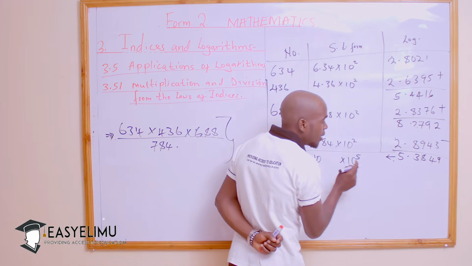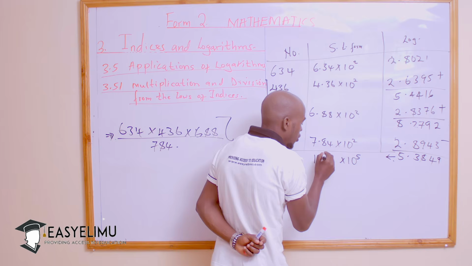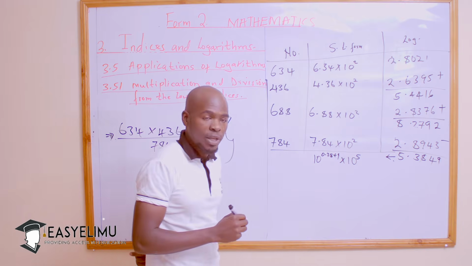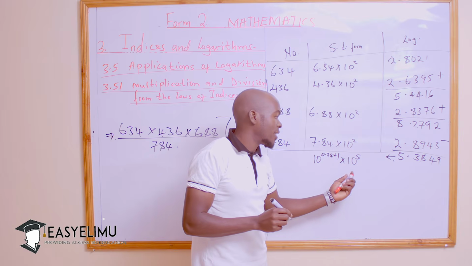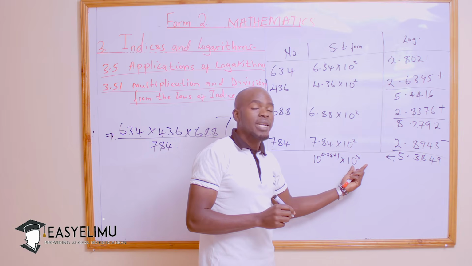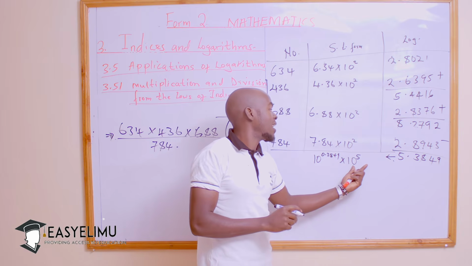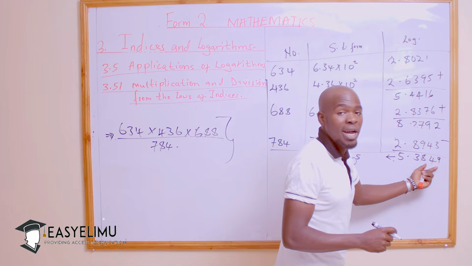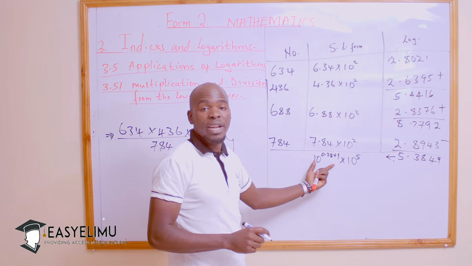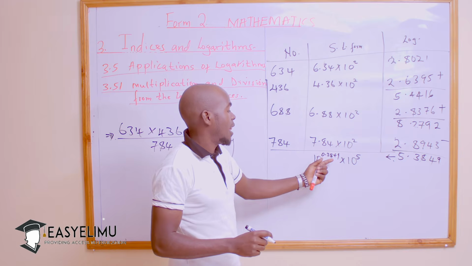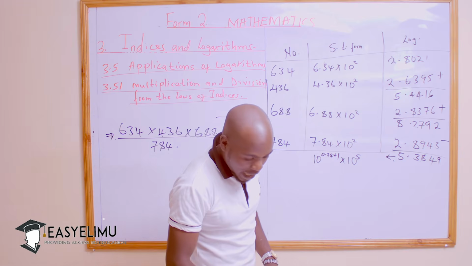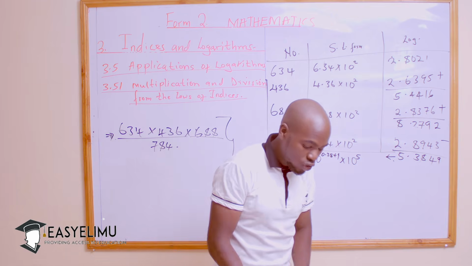So that is 10, and this is 0.3849. The characteristic part, you will raise it to the 10 of the last end as we have been doing. Then the decimal part or the mantissa part is which you will raise to the first 10. And then you find the anti-log of this value. And the anti-log, you use the anti-log table.